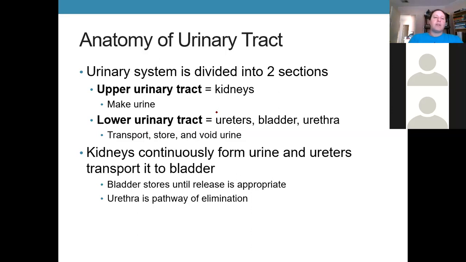Okay, so their job is transportation of urine, storage of urine, and then voiding is another term we can use for peeing. The kidneys are continuously forming urine, and the ureters will constantly transport it. So the only way to not constantly be peeing a little bit all the time is to store it in the bladder.